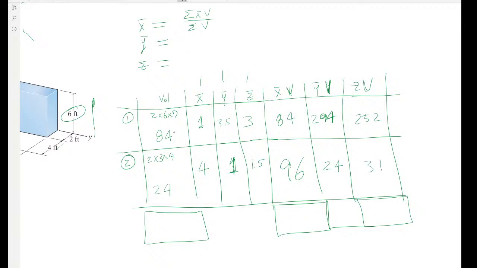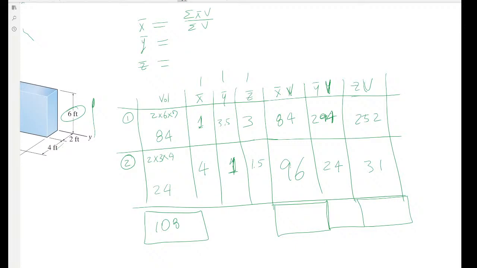Now I just sum 84 and 24. Did I mistype that? Okay, 84. No, I didn't. So the total volume of this whole blue block is 108.